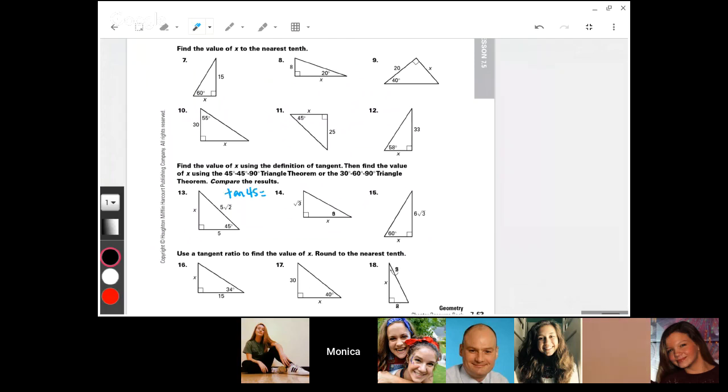Tan 45 equals opposite over adjacent, okay? So x over 5. And then solve for that, okay? And tell me what you get.